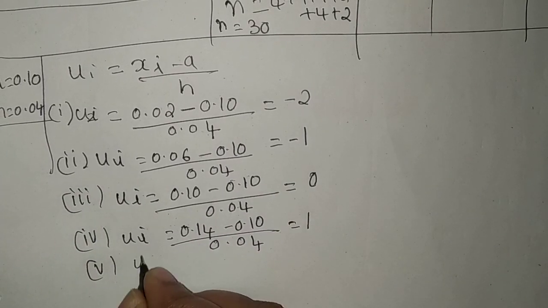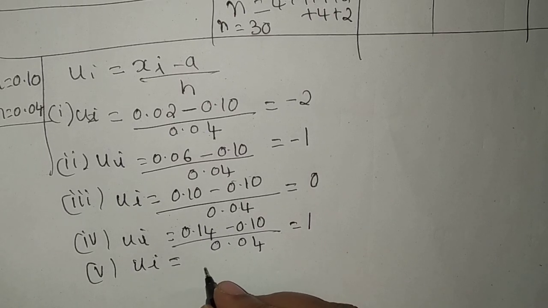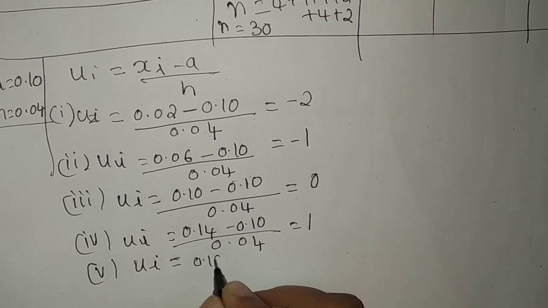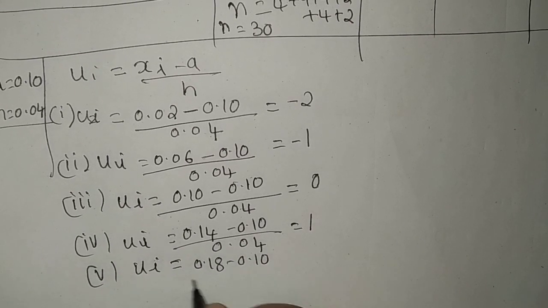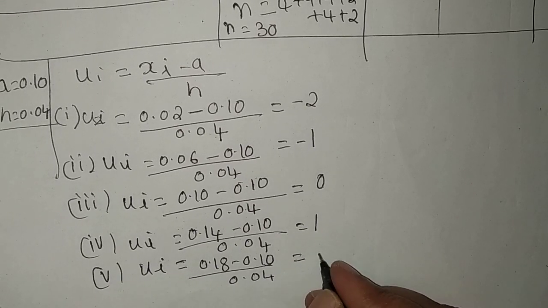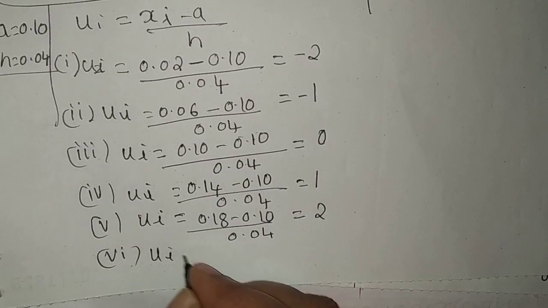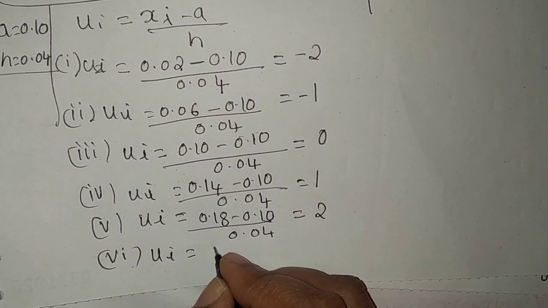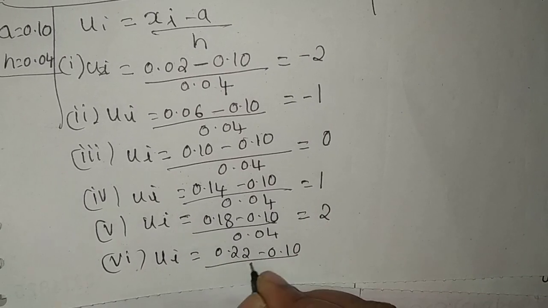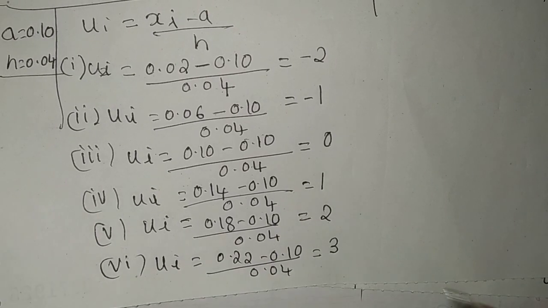Then fifth ui is 0.18 minus 0.10 by 0.04, which is equal to 2. Then sixth set, ui is 0.22 minus 0.10 by 0.04, which is equal to 3.